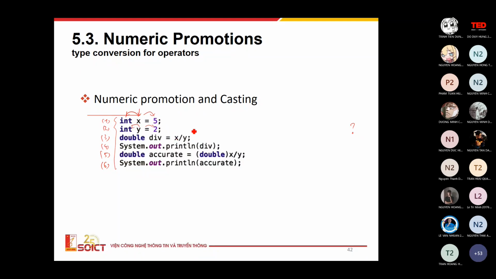Okay. And the third line, we assign the value of x division the value of y and assign it to a variable named div, with type double. Okay. And after that, can you get the value for div?